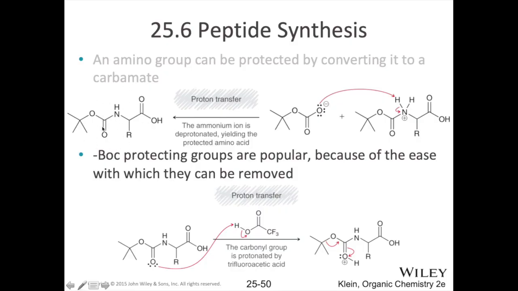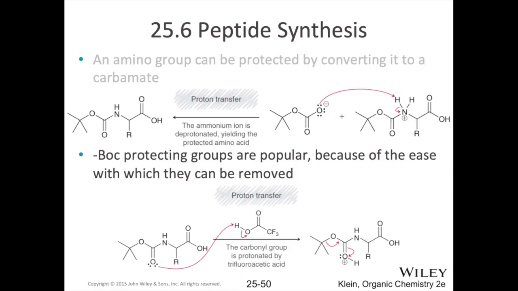Effectively, it's kind of like a combination of an amide and an ester. So you've got a carbonyl carbon, and there's an oxygen and a nitrogen connected to it. Okay, so this BOC group is a good protecting group. This prevents this nitrogen from being nucleophilic and stops it from reacting.